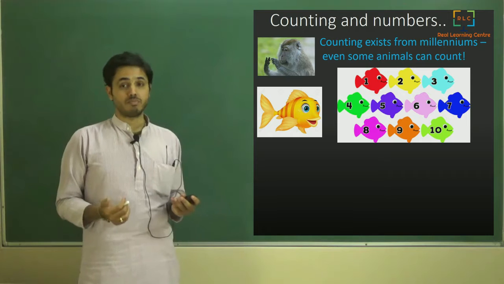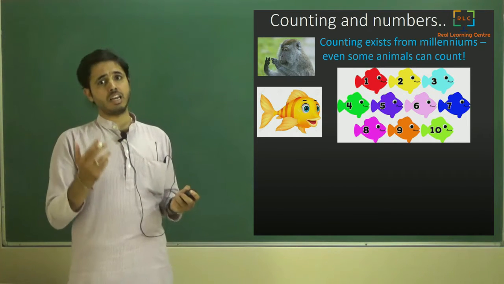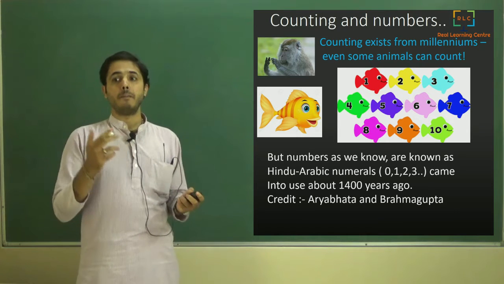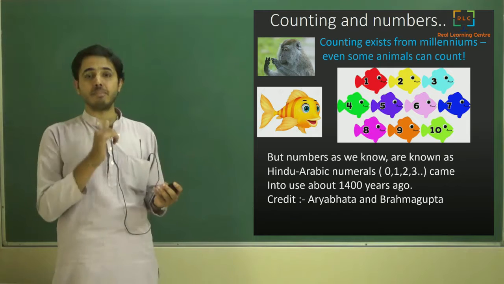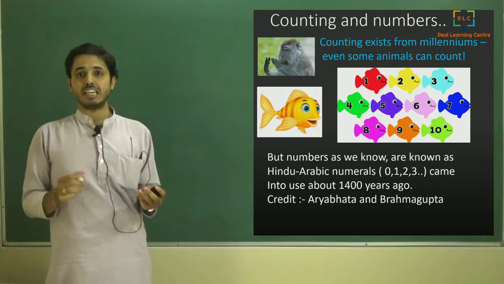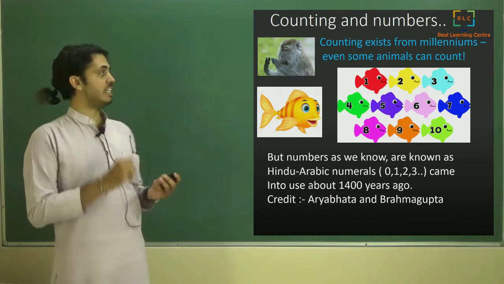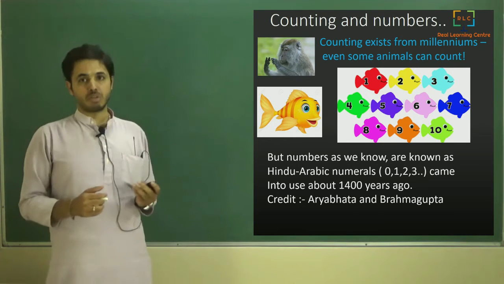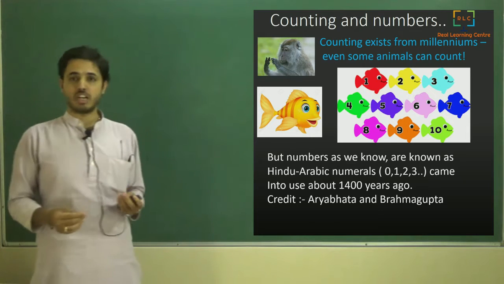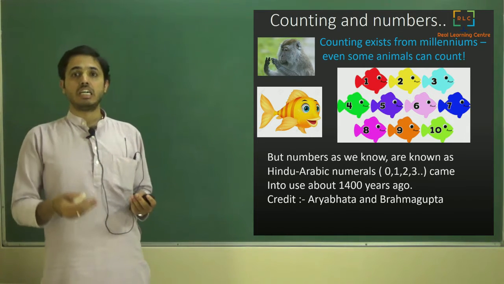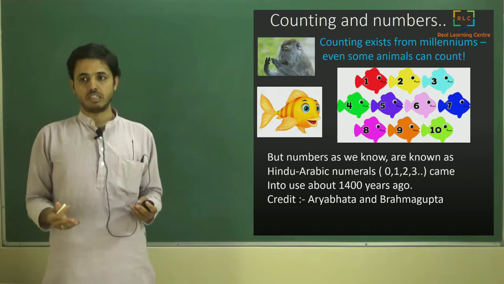So in this way, we can see that counting is already there among animals, but using the numerals or the symbols to count, that is a speciality of human beings, especially the Hindu-Arabic numerals that we use, 0, 1, 2, 3, etc., which is currently famous and used throughout the world.